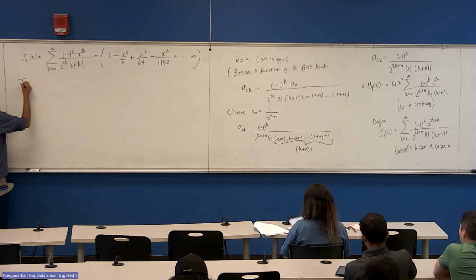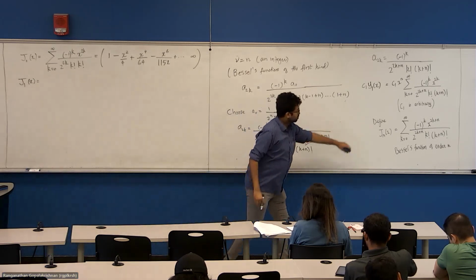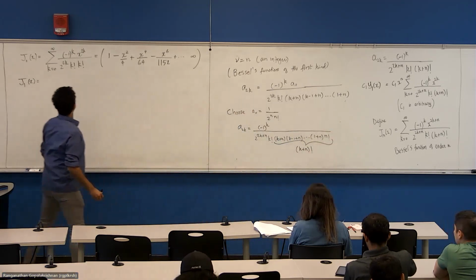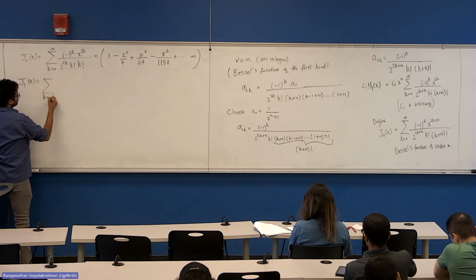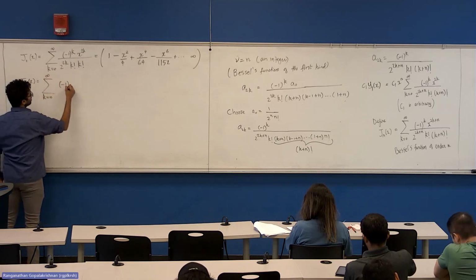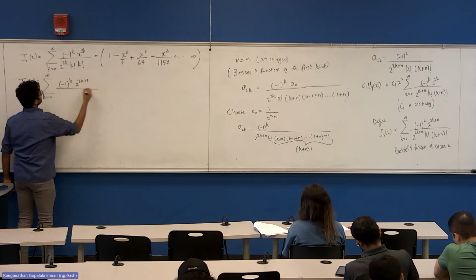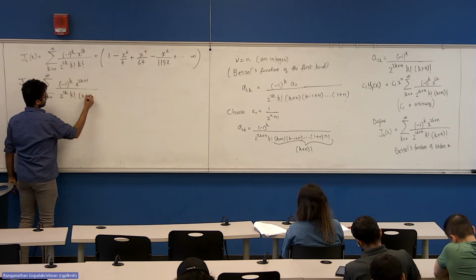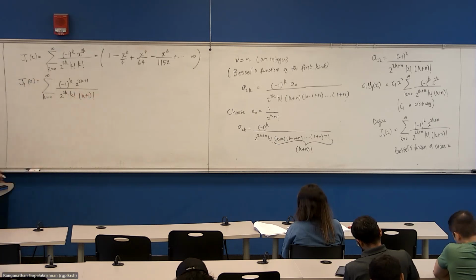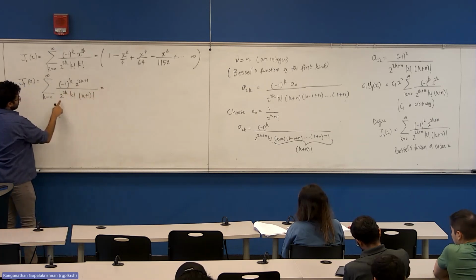And then J1 of x, by setting n equals 1, we're going to get J1, which would start with summation k equals 0 to infinity, minus 1 power k, x power 2k plus 1 divided by 2 power 2k, k factorial, k plus 1 factorial. The first term is going to be x.